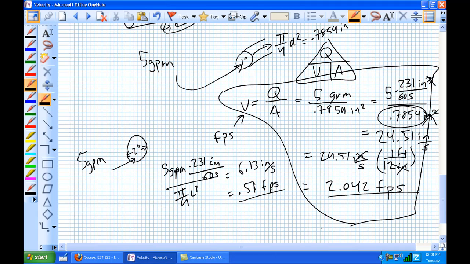In this particular case, it's going to be twice as fast because twice as much stuff is going into it. So basically just replace our 5s with 10s, and ultimately you're going to get roughly 4.08 feet per second. Okay, just use the concepts. Don't worry so much about formulas. Use the concepts and account for units.